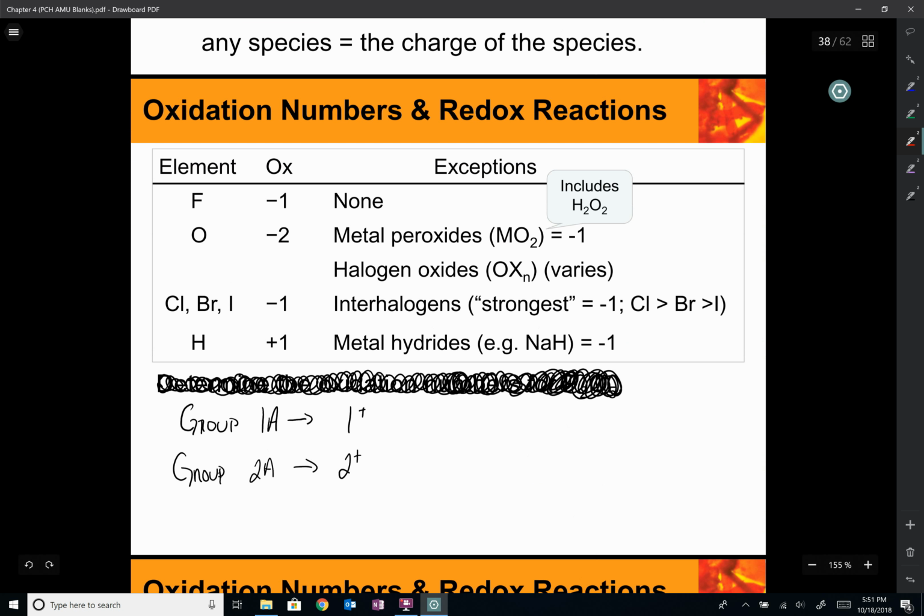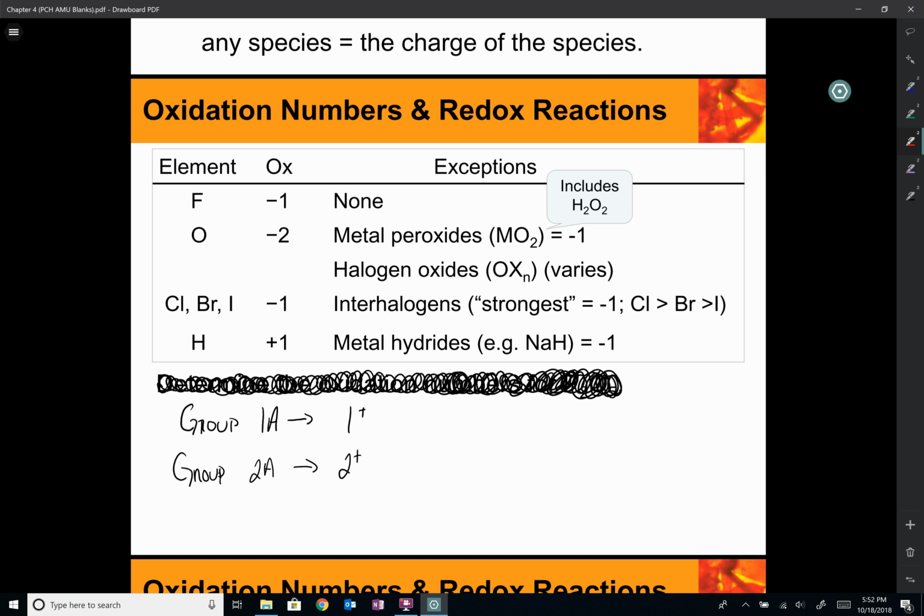So let's look at the constant or known oxidation states. What are the rules for that? Well, here they are. Okay, fluorine's -1. There's no exceptions. Oxygen's -2, with the exceptions being a peroxide or the halogen oxides. Halogens tend to be -1. We talked about the interhalogen idea here, right? We talked about that during lecture. Hydrogen is +1.